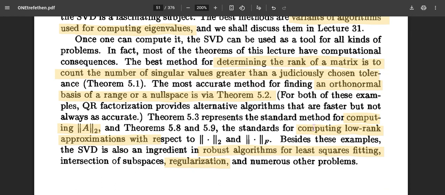One of the principal applications for everyday problems is that it helps us to compute the best low rank approximation, through which we can do image compression. It helps in removing noise from images, and it is also a robust algorithm in solving least squares problems, which we will hopefully see in the second chapter of this lecture series.